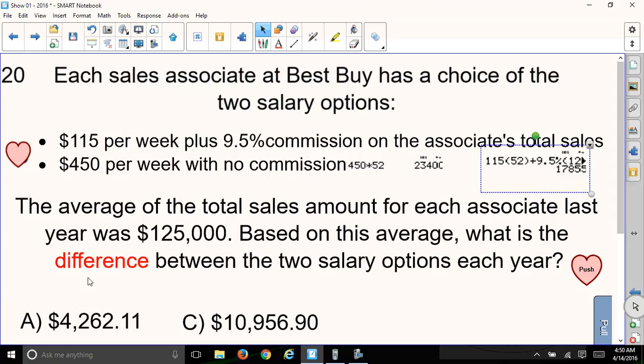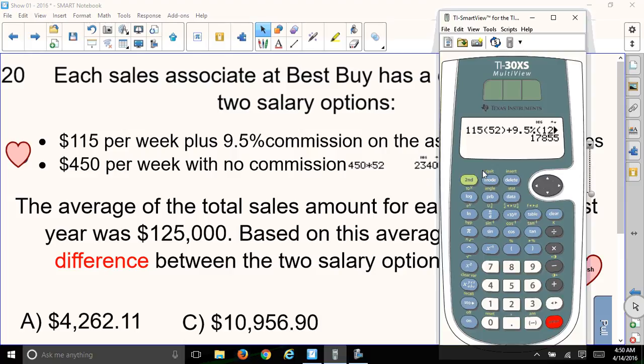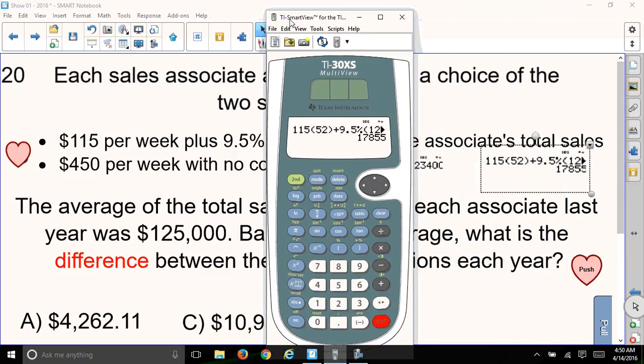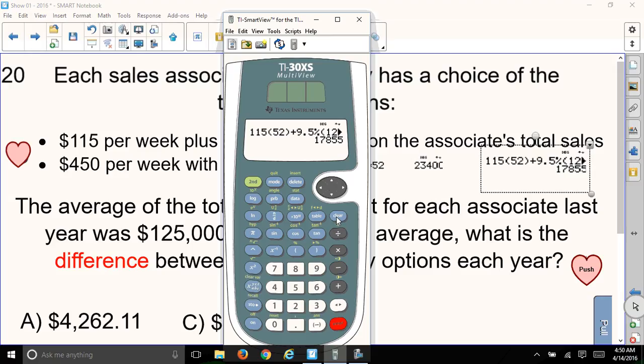Now, they want to know what is the difference between the two salaries. Difference we saw in our game, that was the answer to subtraction. So let's get our calculator up one more time, and let's get those amounts typed in. So let's clear.